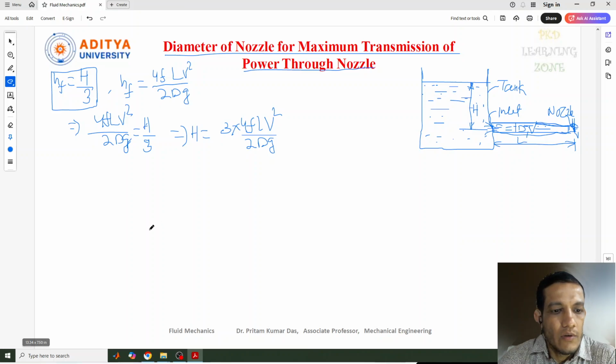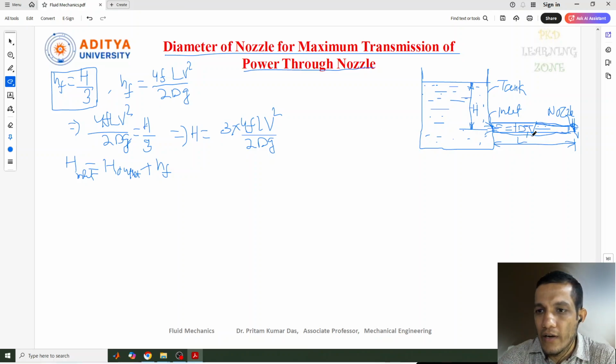Now we also know that H, as I told you, is the total head at the inlet of the pipe. We can write the head at the inlet condition as equal to the head at the outlet of the nozzle plus the loss of head while flowing through the pipe, HF.